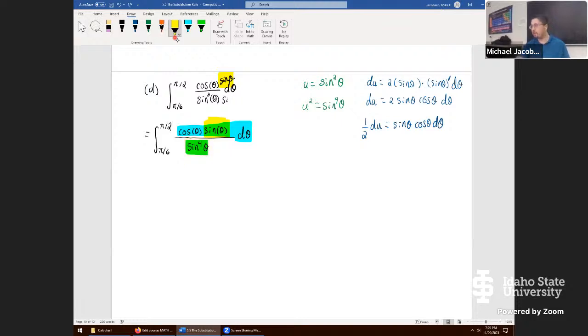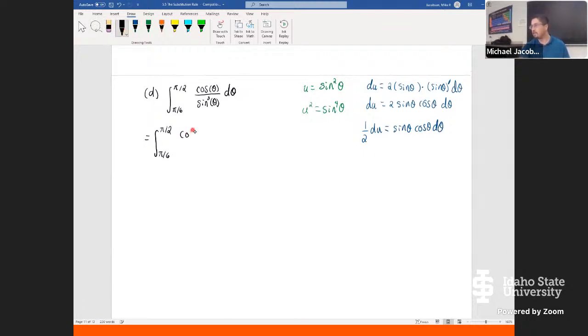Or maybe seen a different way. On this step right here, pretty much just took the original thing, cosine theta over sine cubed theta. And we noticed we have a need for sine and cosine in the numerator. So in this numerator, we just multiply by sine theta.